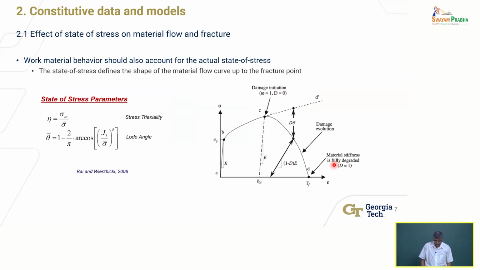All right. What else is important? Not only is it enough to know the amount of deformation, the strain that the material is being subjected to, and the rate at which the material is being strained, and at what temperature the material is as it is being strained at that high rate.